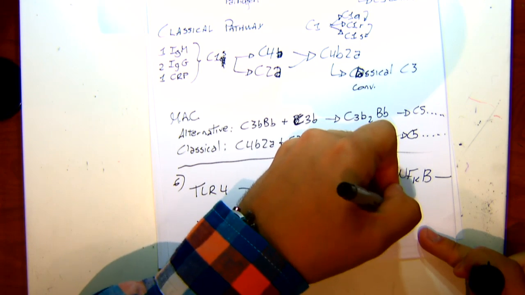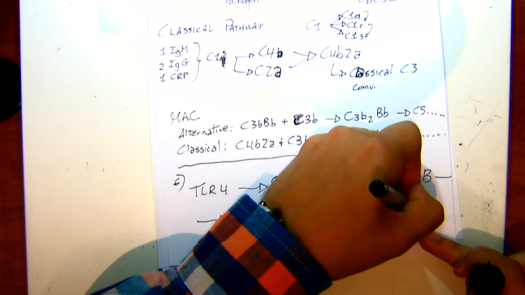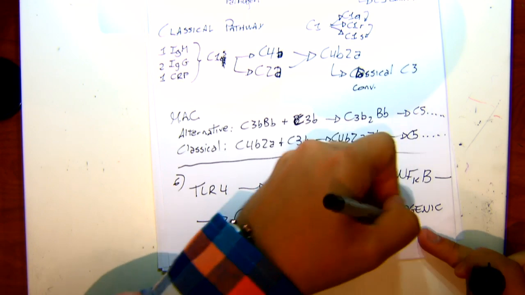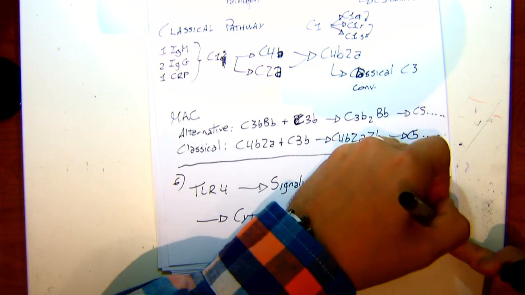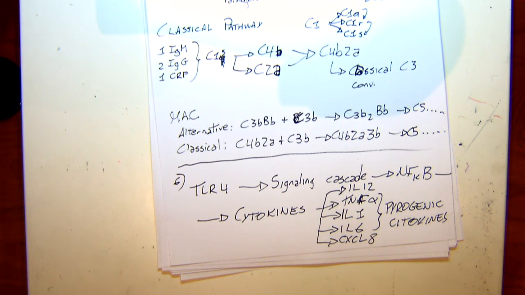those are the pyrogenic cytokines, just for you to remember. Those are the ones that will cause vasodilation. They are going to increase permeability of the capillaries and so on.